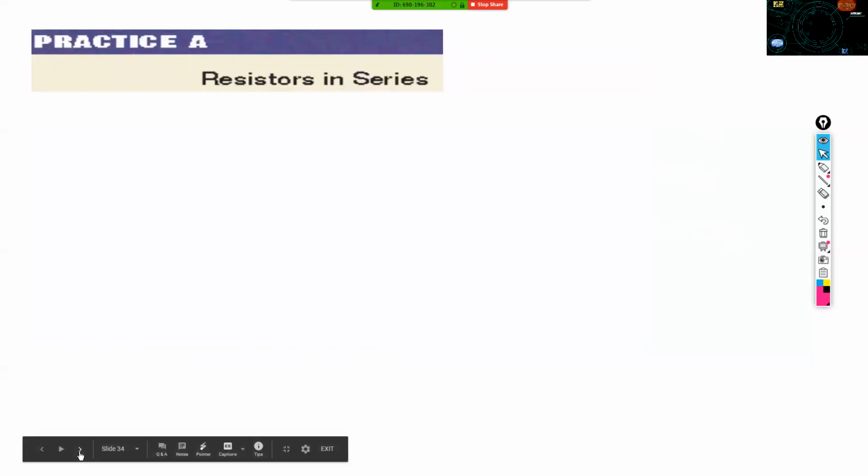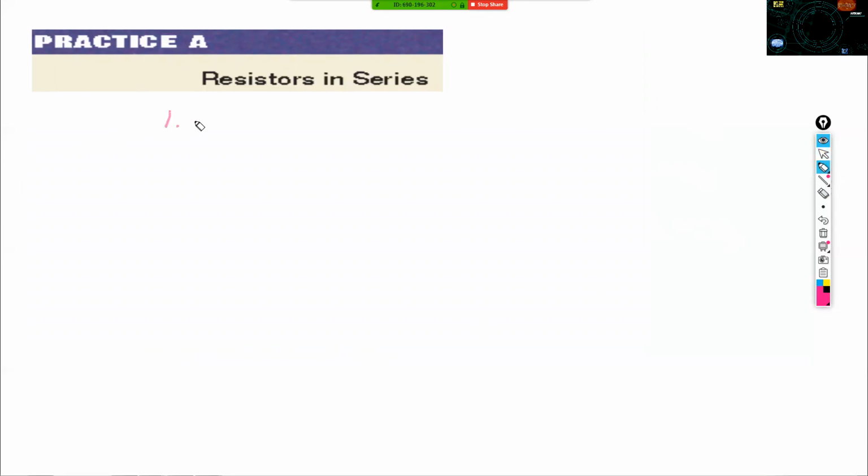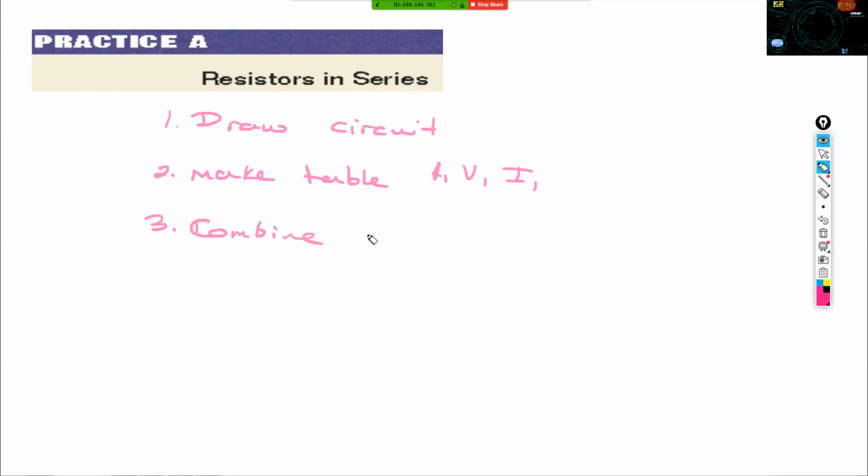All right. Now, step one in all these is to draw your circuit. Step two, make a table of all the variables: R1, V1, I1, R2, V2, I2. Step three, combine the circuit down to one resistor, and that'll make sense here in a second.